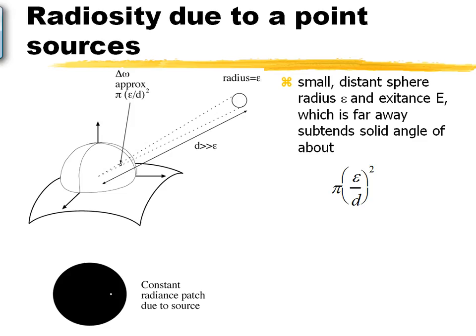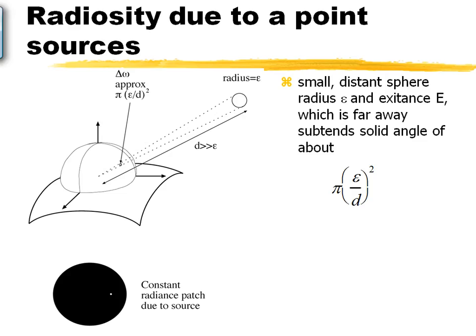So we can compute that, and in general, that can be approximated by the factor of pi multiplied by epsilon divided by d, as long as the distance to the light source is far greater than the area on which it is illuminated. So we can approximate that through that term.